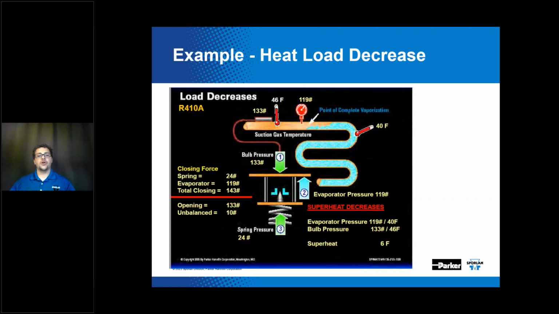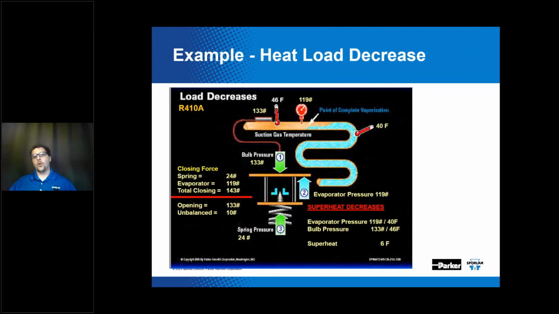So we still have 143 pounds of closing force and only 133 pounds of opening force. The valve is going to respond by having the pin go closer to the port, letting less liquid through the valve and less liquid into the evaporator until we have increased the superheat back up to the 10-degree setting that we had.